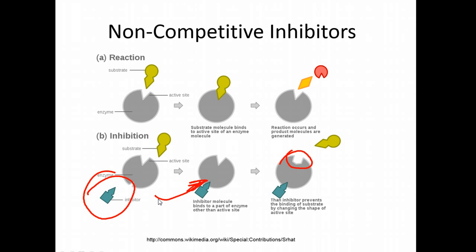Okay? So if our guy is moving boxes, a non-competitive inhibitor would be someone that comes up and stands behind him and grabs his arms. So he goes in to get the box. He can't grab the box because the non-competitive inhibitor has bound to his back and is moving his arms so his arms don't have the right three-dimensional shape to grab the box.